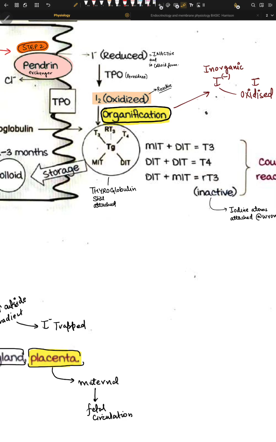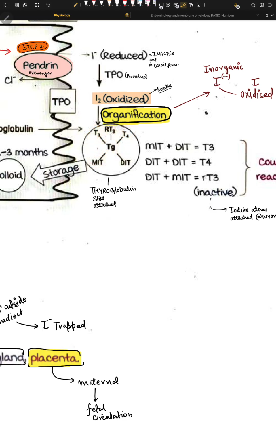I have already been telling you again and again that this whole thing is bound to TG, thyroglobulin, because we want it to be stable. If this is free, then it will not be stable. So TG is bound with T4, with T3, with reverse T3, with MIT.